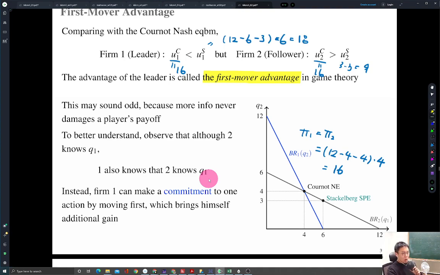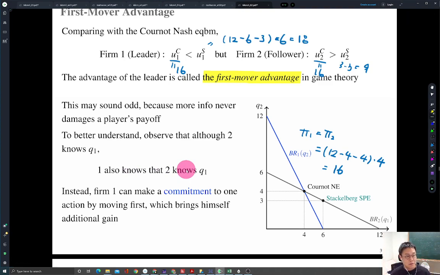It should be that player who only knows about that information. Otherwise, it has no value. So knowing Q1 is not private information to firm 2. It is totally shared by firm 1. So the gain from additional information totally disappears.